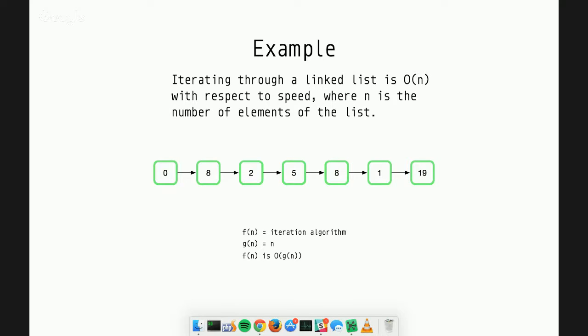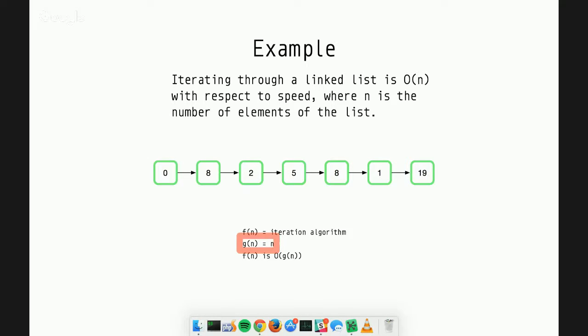And this algorithm, we can put this into terms of big O, when we're talking about the speed of the thing. We can say that f of n is the iteration algorithm that we're going to be using, whatever that visiting was. G of n is actually just n.